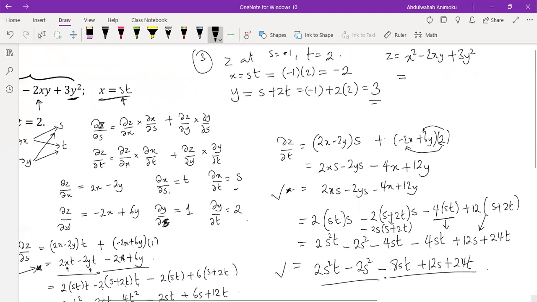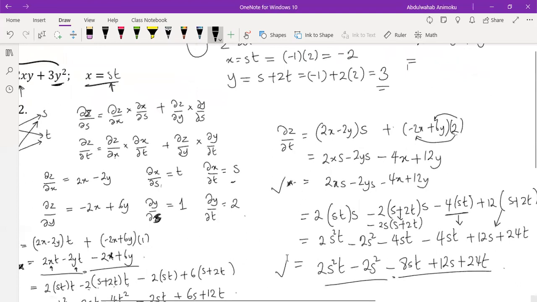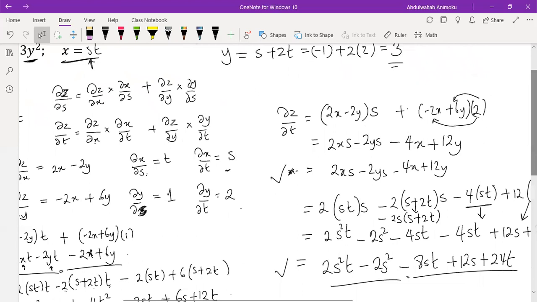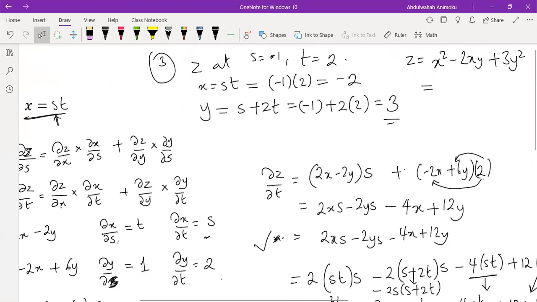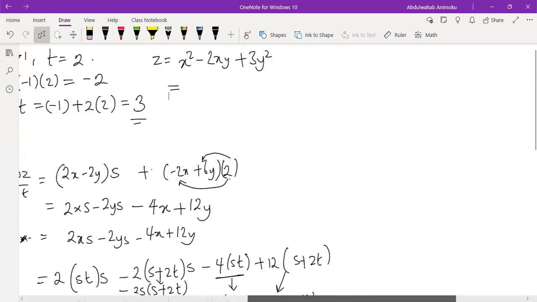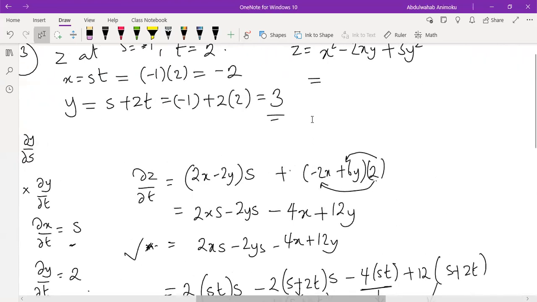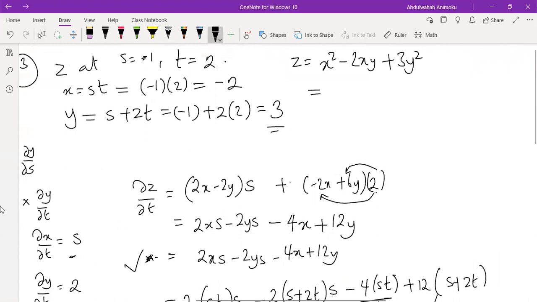Now, how do we solve this? So let me just zoom into that. Okay, to complete the problem, let's just focus on this. Now, x squared minus 2xy plus 3y squared. We know that our x is -2, so that will be -2 squared minus 2 times x, which is -2, times y, which is 3, plus 3y squared, and remember your y is 3, okay?